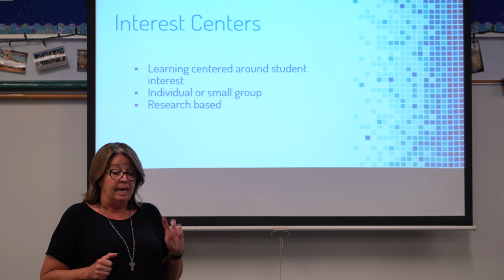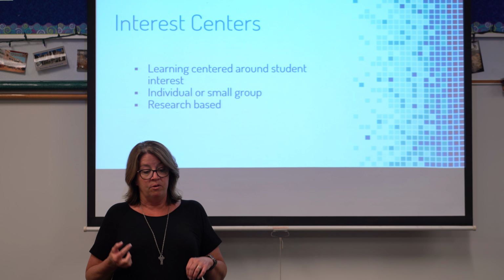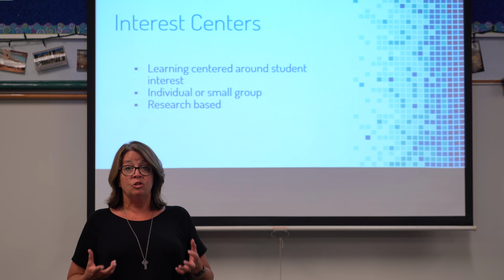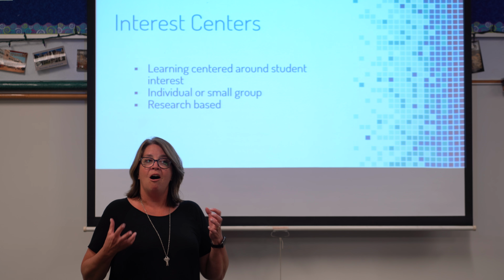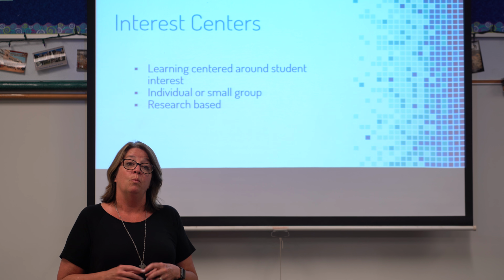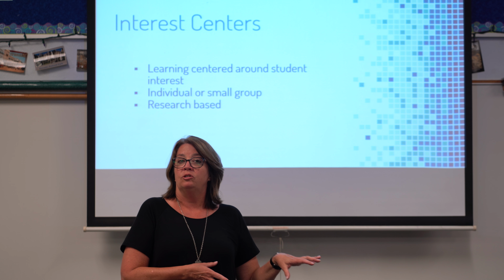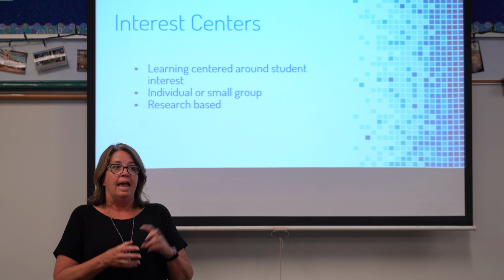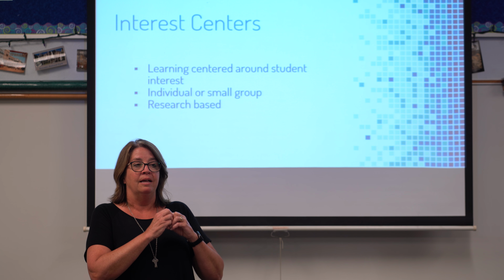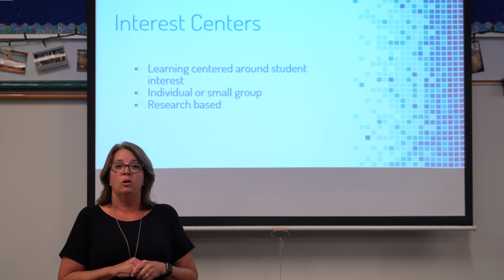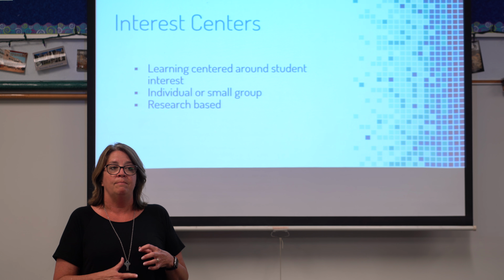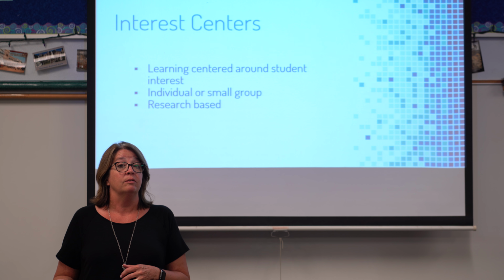The last one is interest centers. Now, if you have students' interests in mind, often they're more engaged in what they're learning. So maybe you have students that are really interested in certain parts of California history, and they want to go learn about like the gold rush. So they'll go read a bunch of different texts and then maybe create something to share with others.